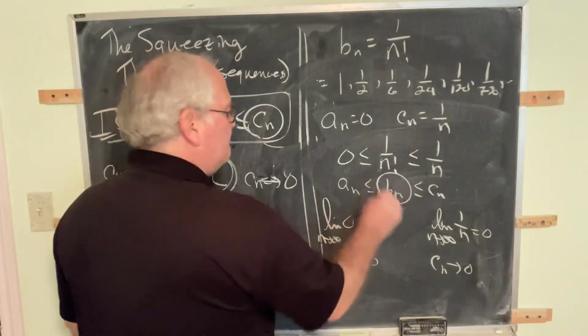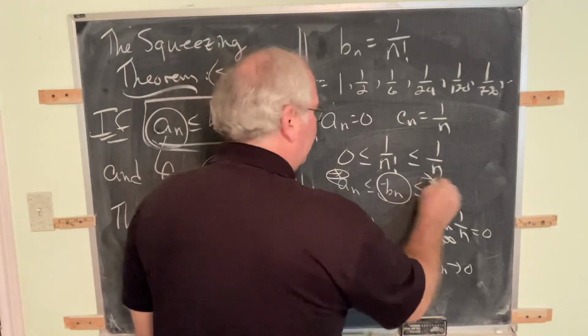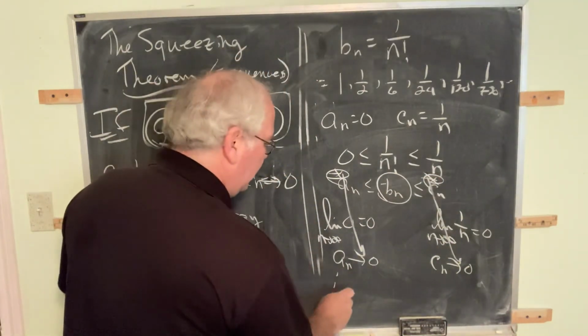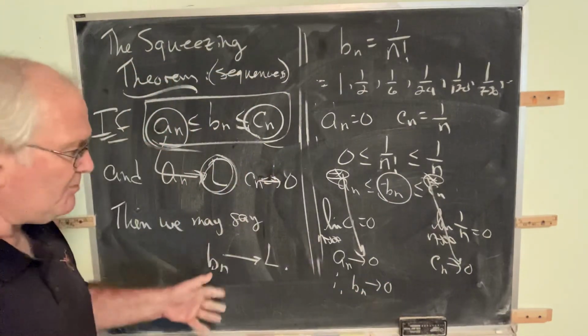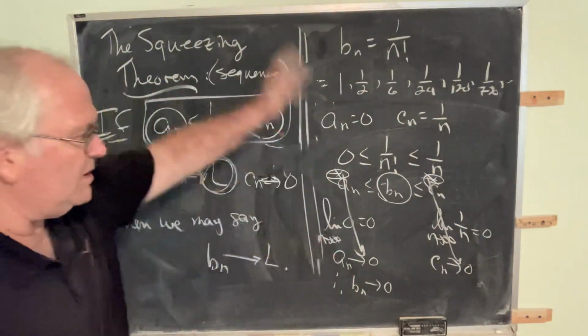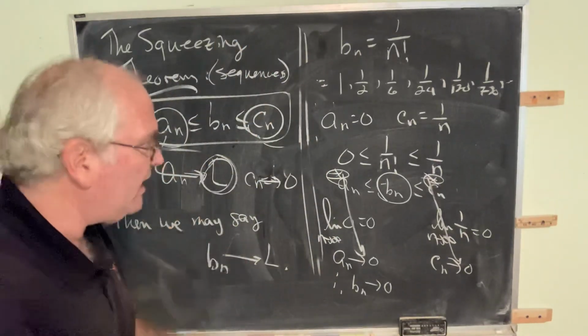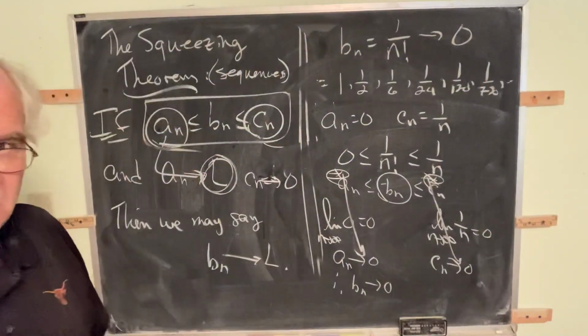And there we have it. Bn is captured between an and cn, both of which go to 0. Therefore, we conclude bn goes to 0. Now, you don't need to be able to reproduce that, and I did it in a very quick and slapdash way. But the point is this: 1 over n factorial goes to 0.